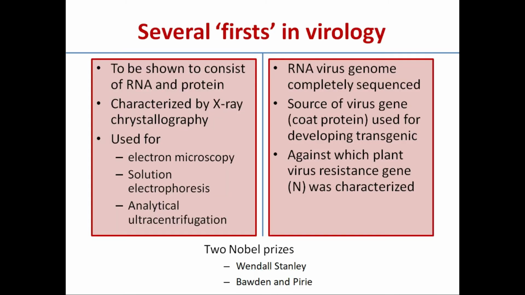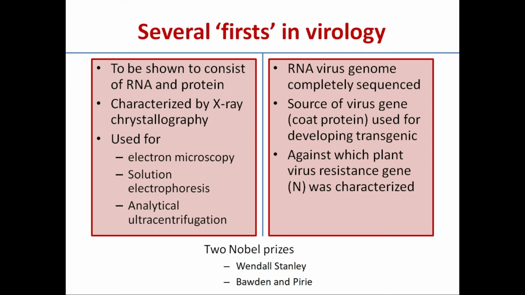There are several firsts in virology associated with tobacco mosaic virus. Tobacco mosaic virus was shown to consist of RNA and protein for the first time. It was first characterized by X-ray crystallography. It was the first virus used for electron microscopy, solution electrophoresis, and analytical ultracentrifugation.